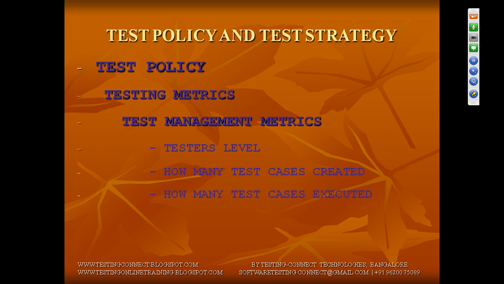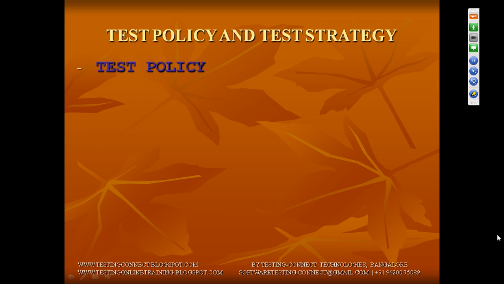So for this one month, every release your team lead will consolidate the report and send it to your project manager. At the end of the project he will have all those reports.